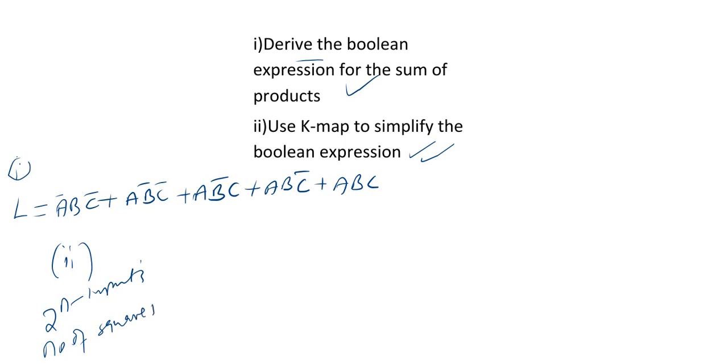In this case, we have 3 inputs, so the number of squares will be 2 power 3, which is 8. So we draw a table of 8 squares. This is how we draw it.